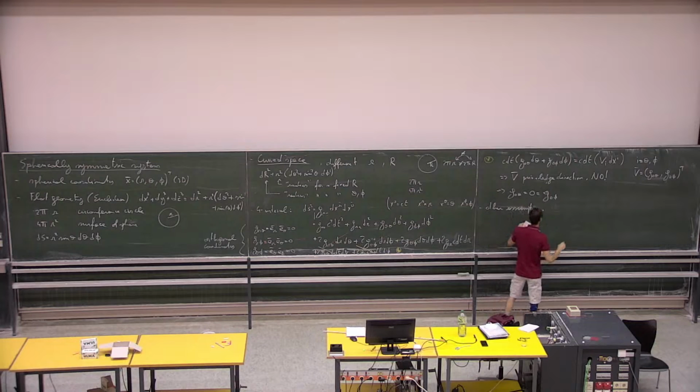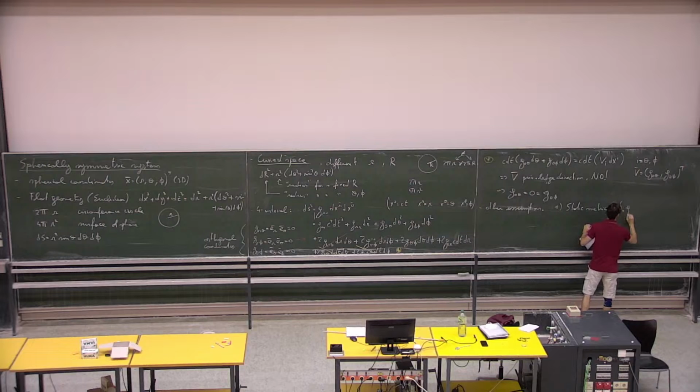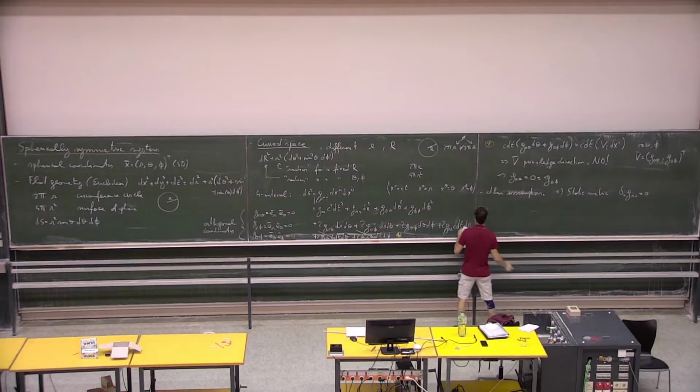So we are imposing for the metric to be static, meaning the derivative of g mu nu with respect to time is equal to 0. So there is no time dependency for the metric.